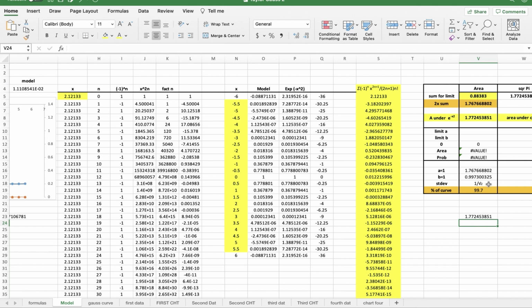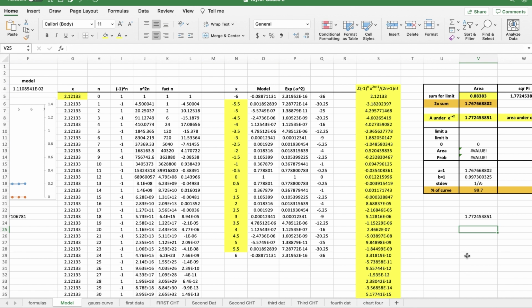And I show that here in the table. That's one standard deviation. When you have 3 standard deviations, that would be equal to 3 times the square root of 2.